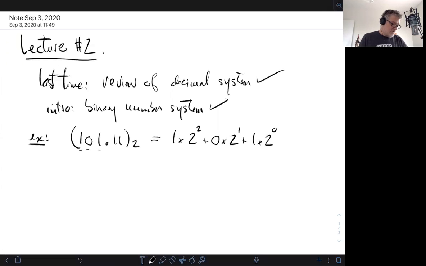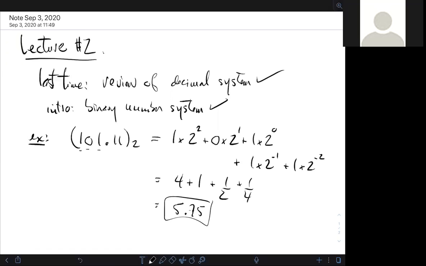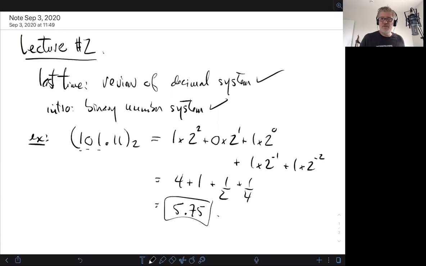So this is the integer part. And then 1 times 2 power negative 1, plus 1 times 2 power negative 2. So this is 4 plus 1 plus 1/2 plus 1/4, which is 5.75. Correct. In decimal, right? So these are just 2 ways of writing the same thing, binary and decimal.